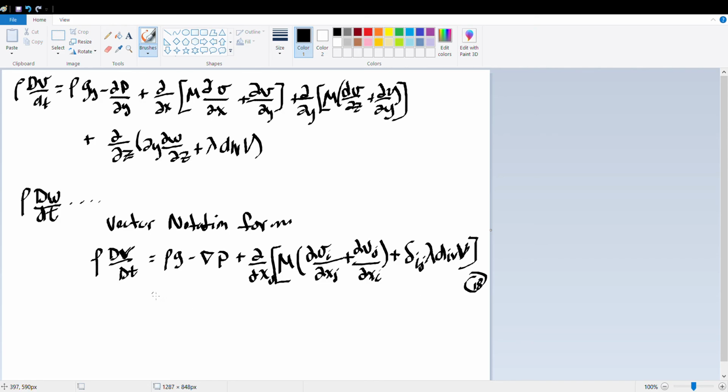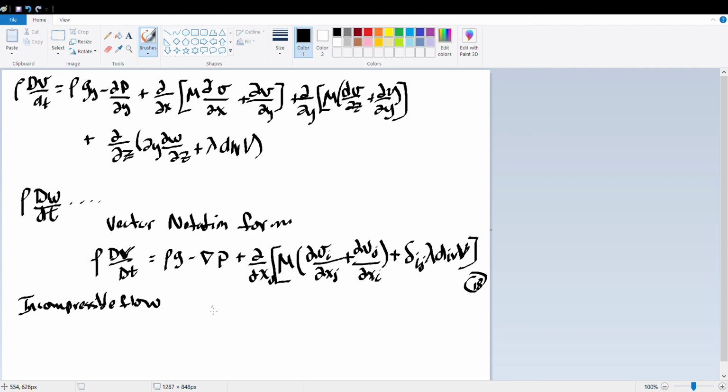All right. Now for incompressible flow, what does incompressible flow mean? It means that your density is constant. For thermal decoupling, if the fluid is assumed to be constant density, then the divergence of V vanishes due to the continuity equation.